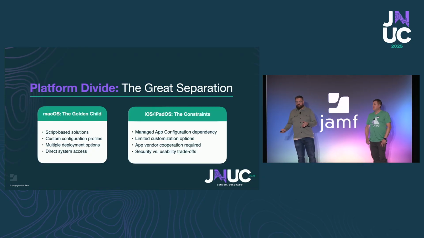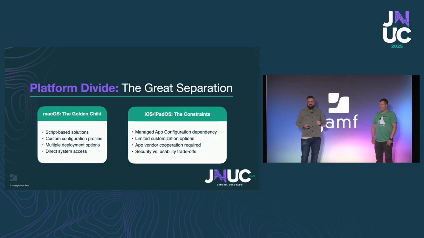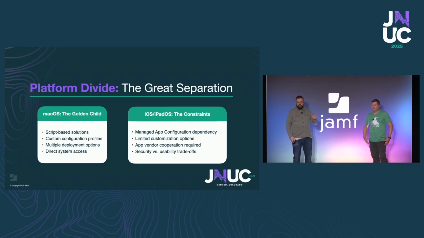So iOS, iPadOS, a little bit less adaptive, right? We have that managed app config or app config dependency. Very specific options are available. These constraints go not only to iOS and iPadOS, but this also affects visionOS and tvOS app management as well. So it's that whole tier of not macOS.